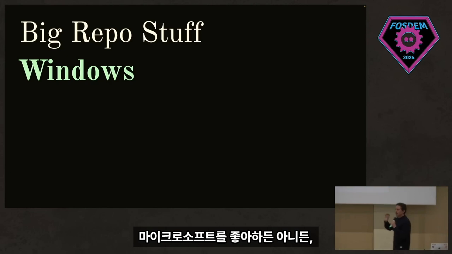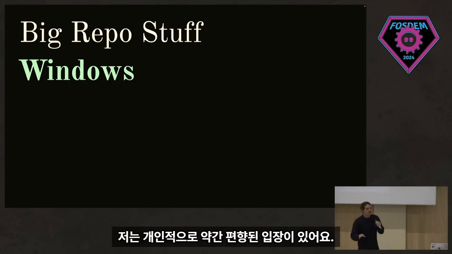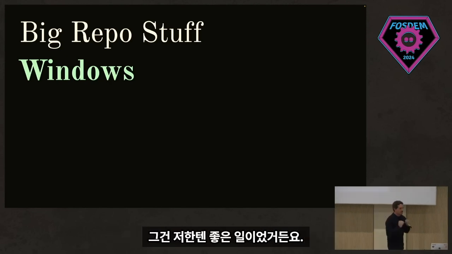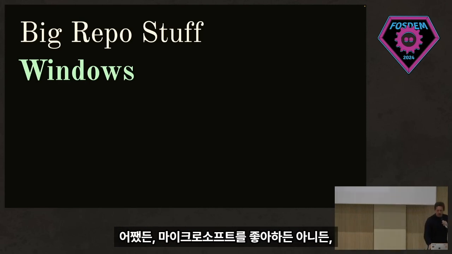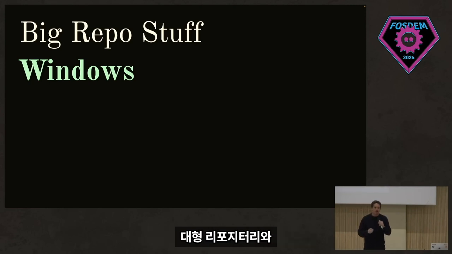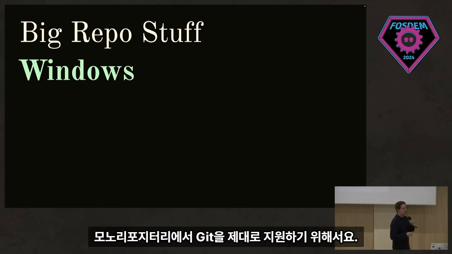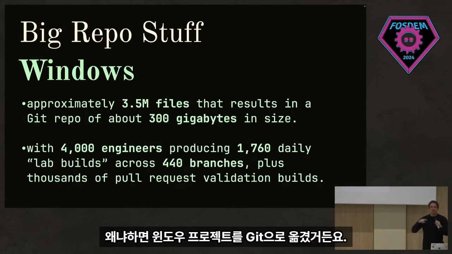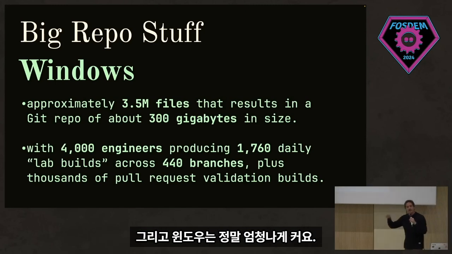So whether you like Microsoft or not, I have a little bit of a bias, because they bought GitHub, and that was nice for me. But whether you like them or not, they have put a ton of effort into supporting large repositories and monorepositories in Git because they moved Windows to it. And Windows is enormous.